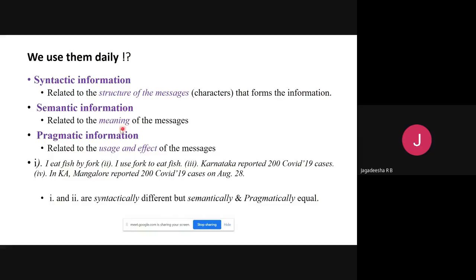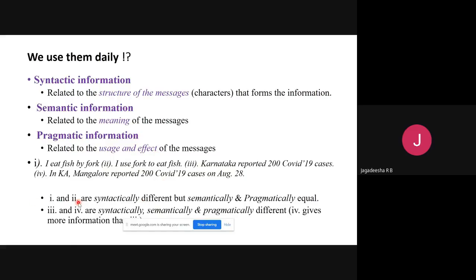Semantically, the meaning is the same. I eat fish by fork. That's it. And also pragmatically, the usage of the two sentences and the effect is that I'm eating fish. That's the effect, right? So these two are the same in these examples, that is 1 and 2. Now let us examine 3 and 4.